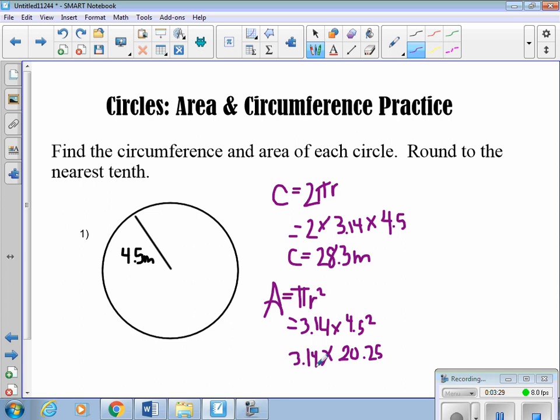And when I do that, you should get that the area equals 63.6. It's still in meters because that's what the m is. Meters, and it's area, so it is squared. So our answers are circumference equals 28.3 meters and area equals 63.6 meters squared.